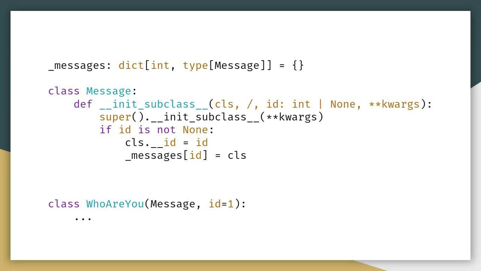Let me go find the class for message 42, and deserialization happens. I will leave the details of that as an exercise for the audience because it's a whole talk to itself.